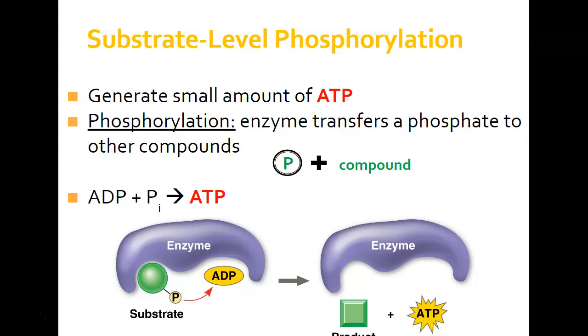So the enzyme does the work. It is able to do that transfer and shove the phosphate back on so that the ATP molecule is harnessing a little bit of energy that can be used later. So this happens in glycolysis. When we say that net gain of 2 ATP, it is done by this method.